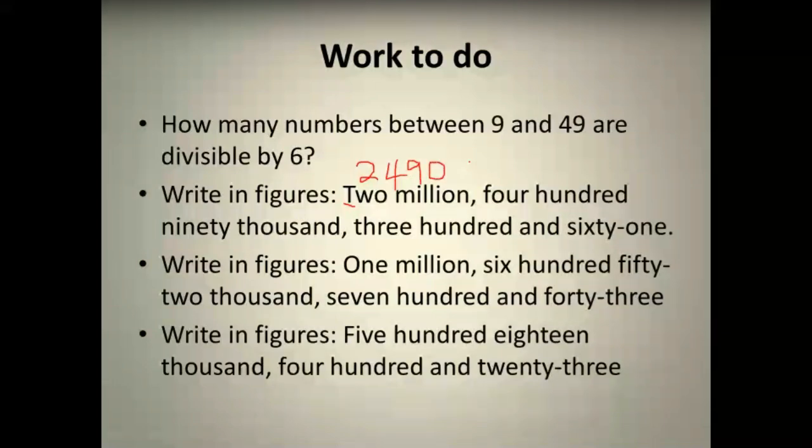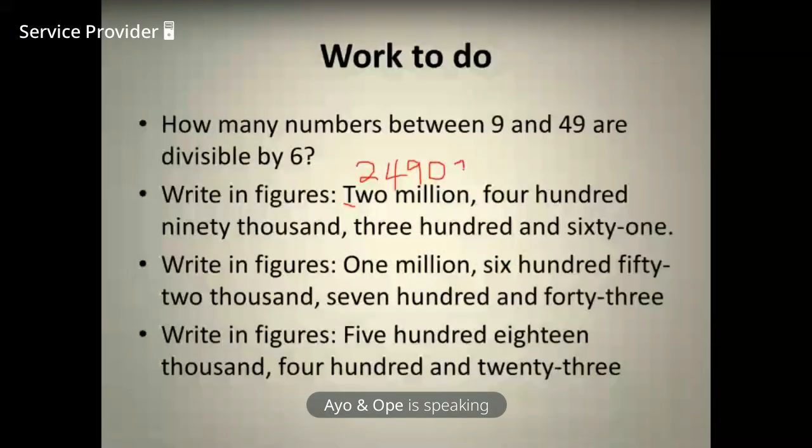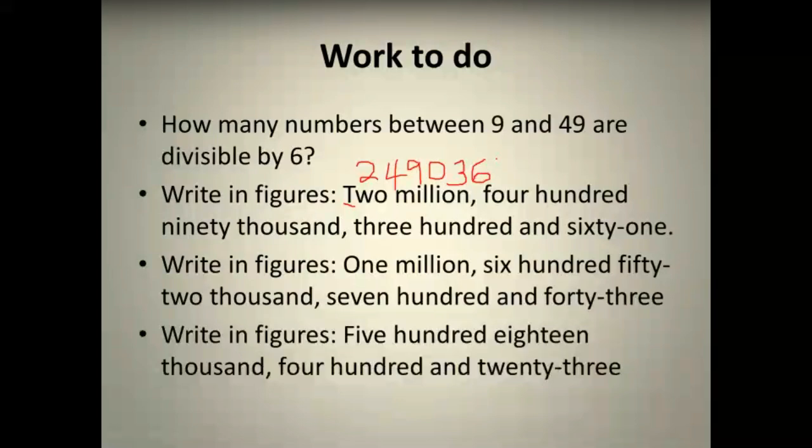Then what again? 3, then 6, and 1. So we can introduce our commas here. 2,490,361. That's the answer. I hope that is clear, everybody.